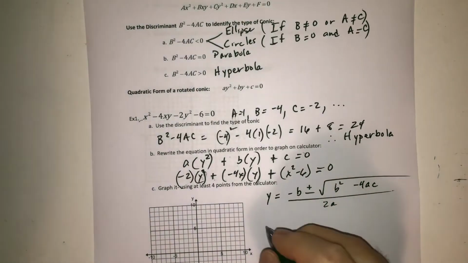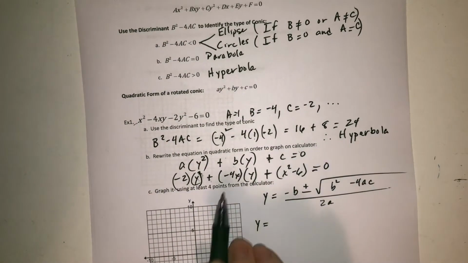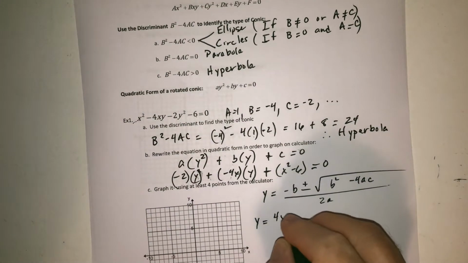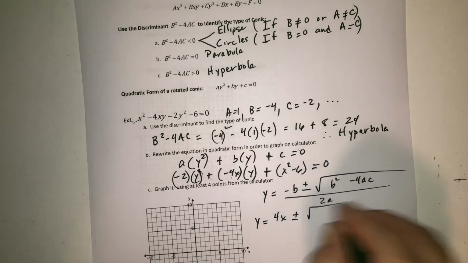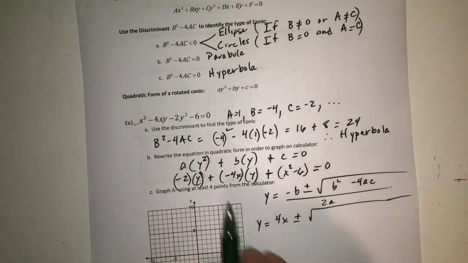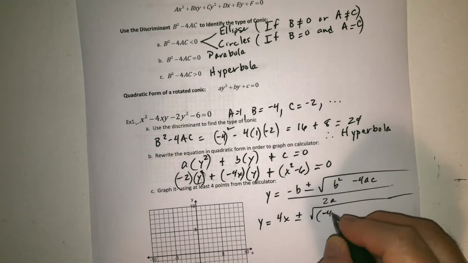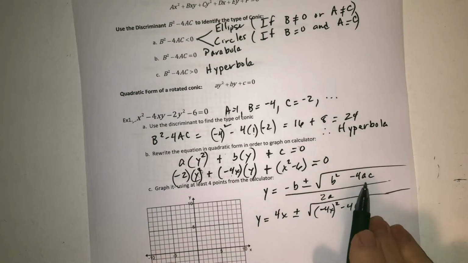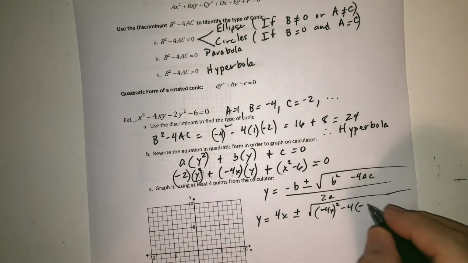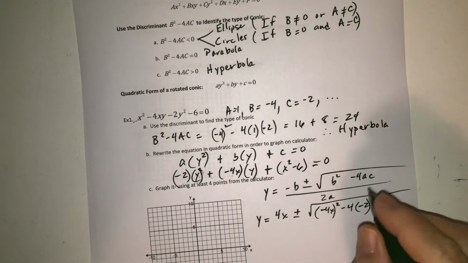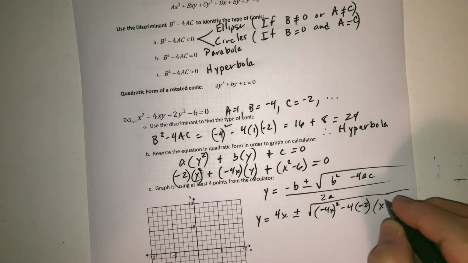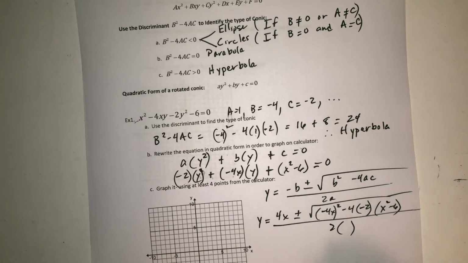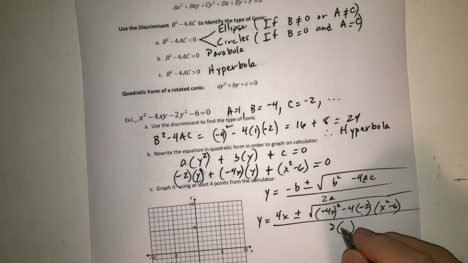So y would be equal to, the opposite of this b is 4x, 4x plus or minus the square root of, well, b is still -4x squared minus 4 times a, well, a is the -2, times c, which is the x squared minus 6. All of that then is divided by 2 times this a value, -2.